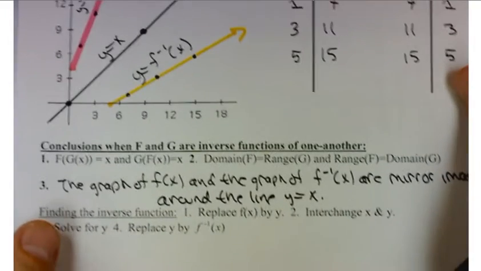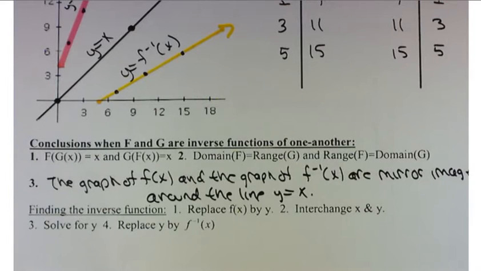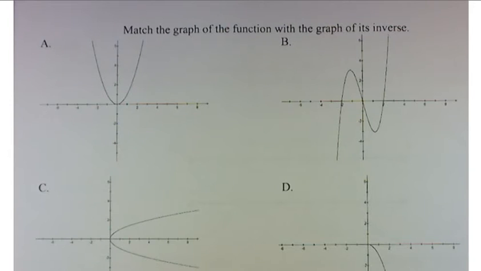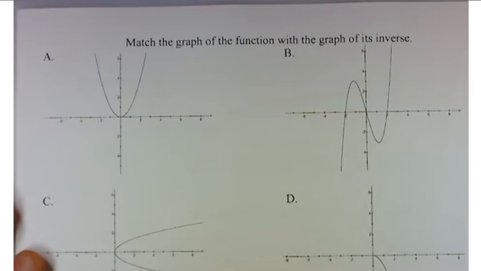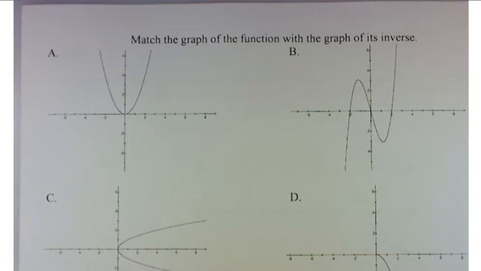The graph of f and the graph of f inverse are mirror images around the line y equals x. So on the back here, there's 8 different graphs. There's 4 functions and their inverses.